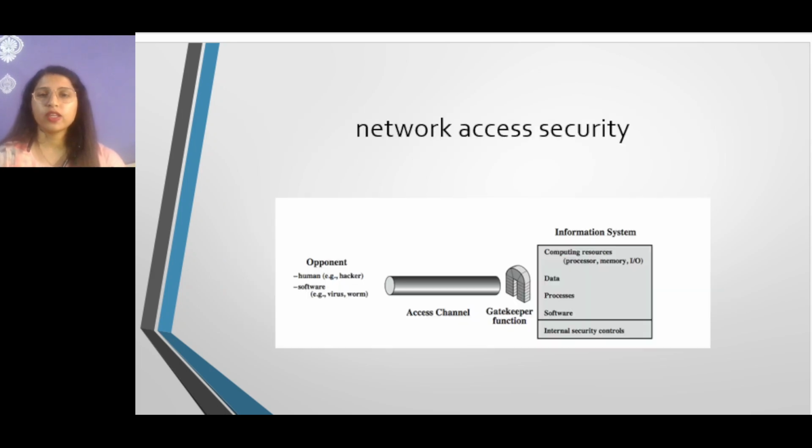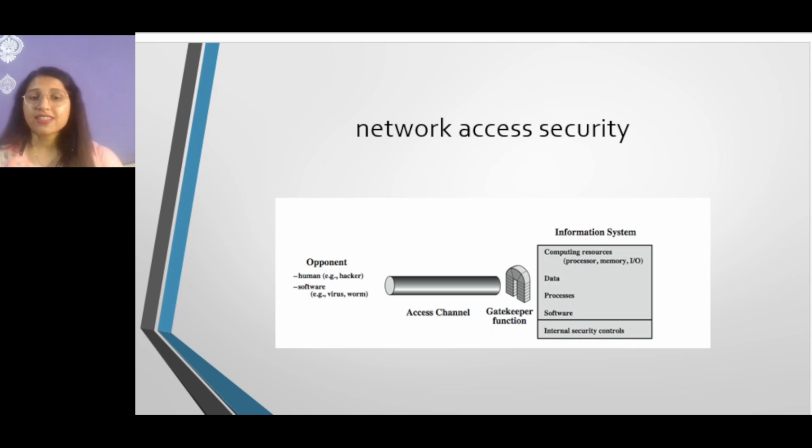So you can see here, whatever channel is there, you are going to protect it from the human, that is the hacker or cracker, and also from software, that is a virus or worm. There will be some kind of gatekeeper function, which will not allow everyone to enter or retrieve from this access channel.